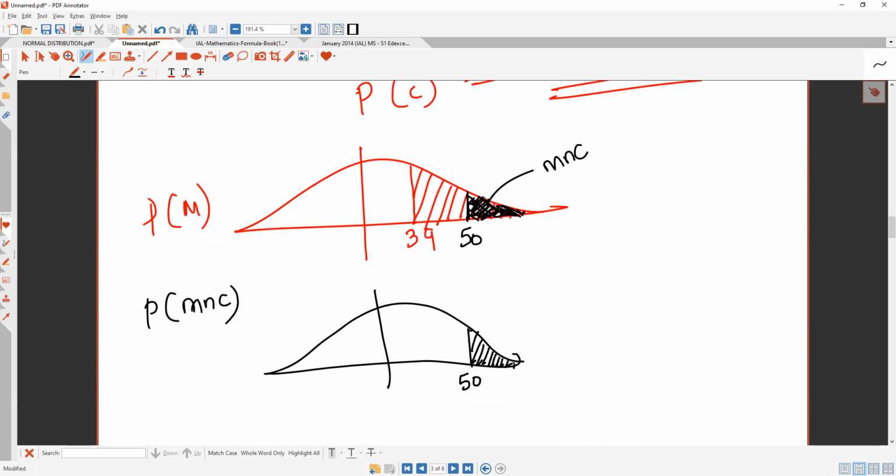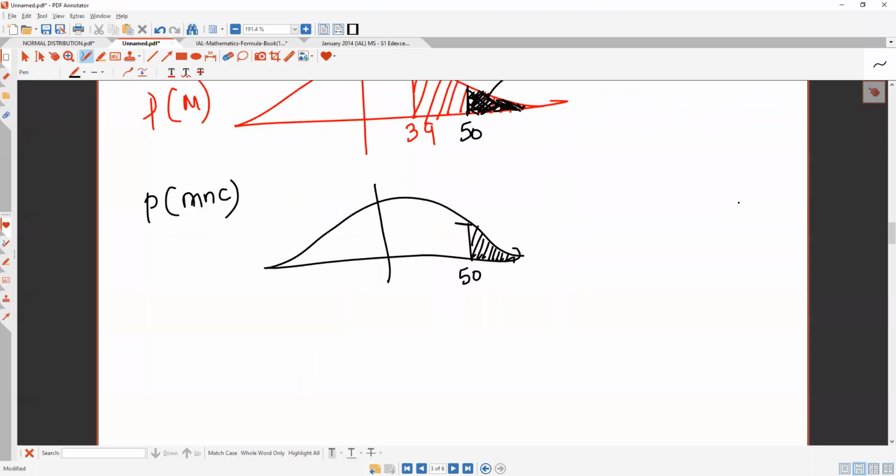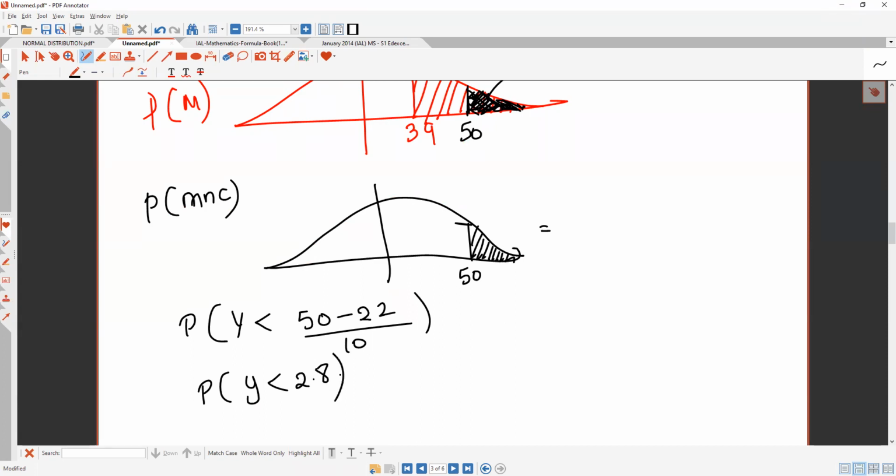Find greater than 50 kg for me, guys. Come on. I'll pause the recording. Let's do it over here. So the probability of, let's say, Y less than (50 minus 22) divided by 10. How much is it? 2.8.